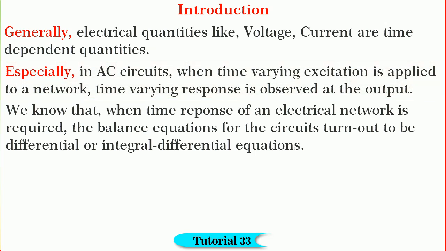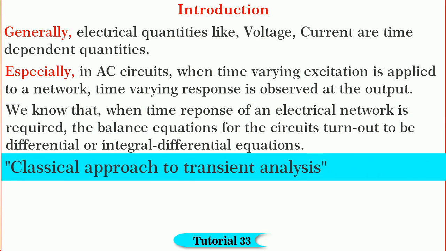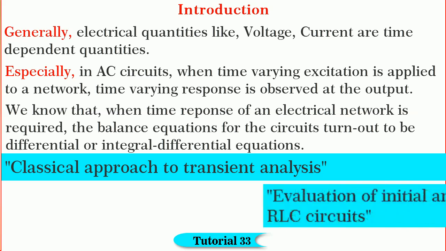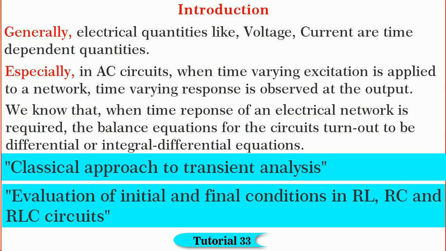We also know that when the time response of an electrical network is required, the balance equation for the circuit turns out to be an integral differential equation. This we learnt in the previous tutorials on classical approach to transient analysis and evaluation of initial conditions and final conditions in RL, RC and RLC circuits.